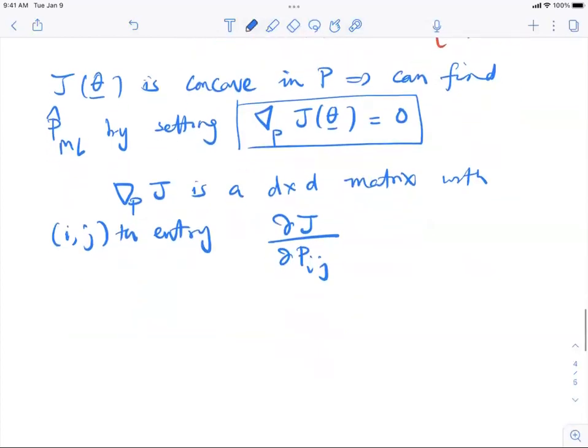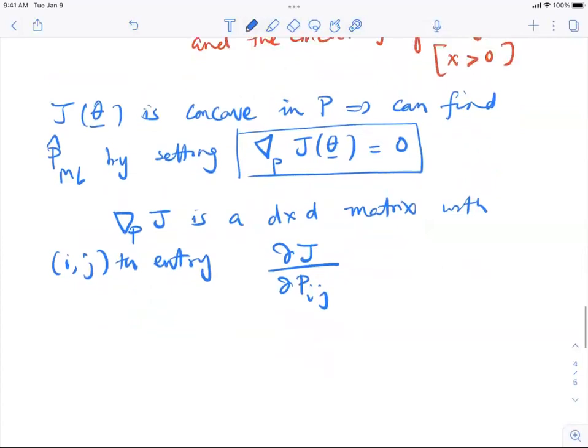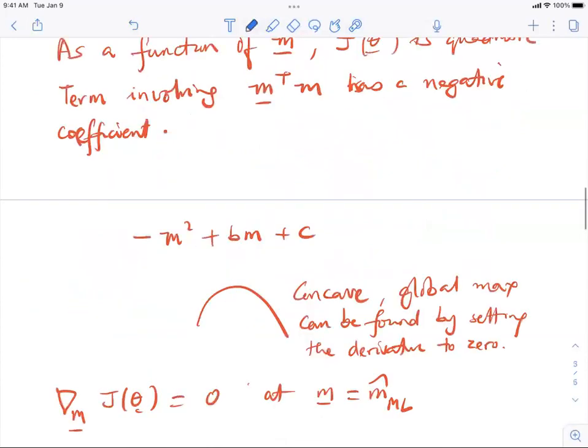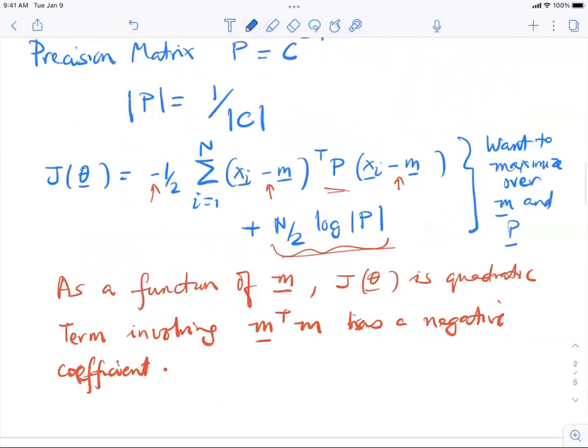Okay, so now we have to compute this, right? So let's look at the terms that we have here in the cost function. We have a term xi minus m; we're fixing m and optimizing over P, and the x's of course are fixed. So I have some constant vector xi minus m transpose multiplying P, and then again xi minus m.